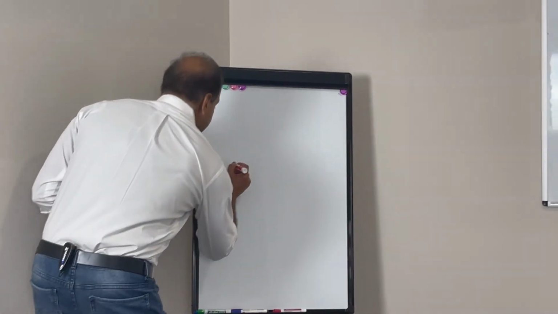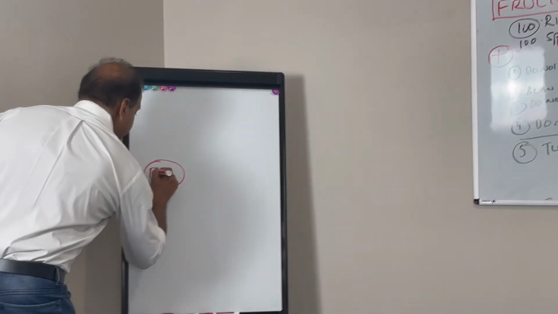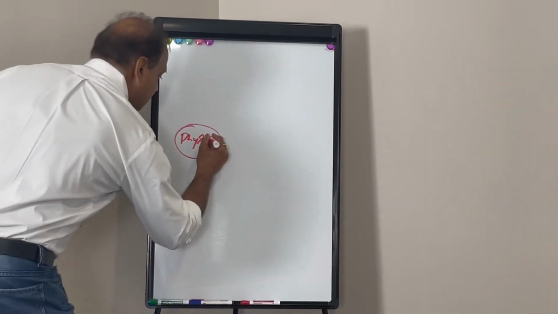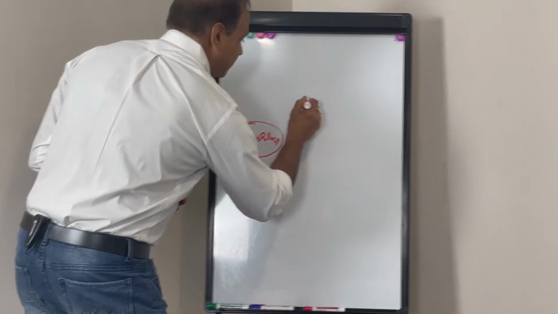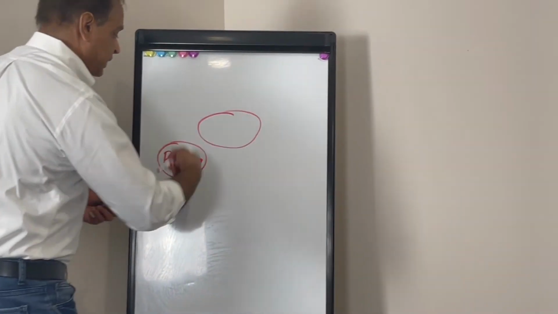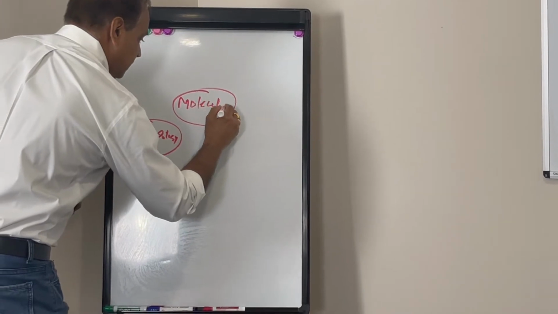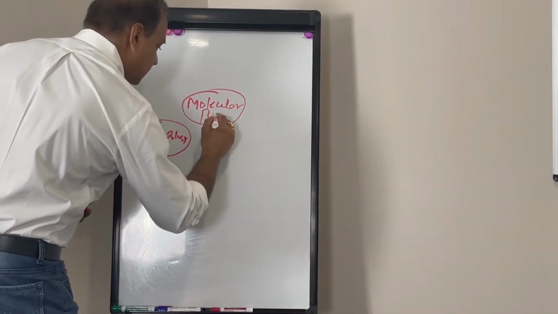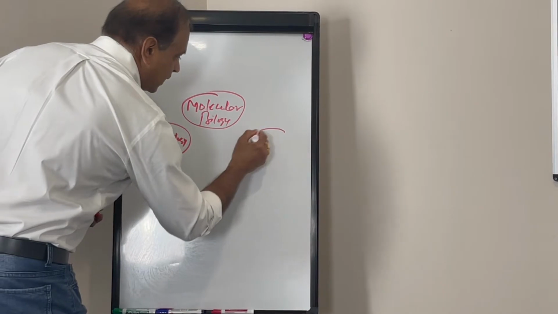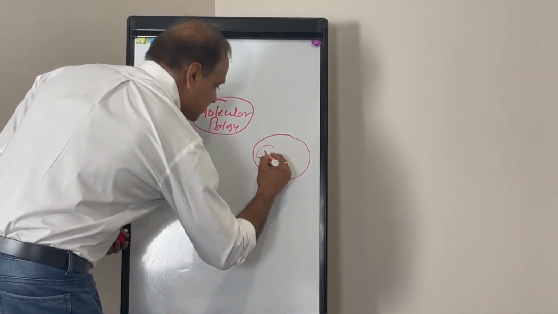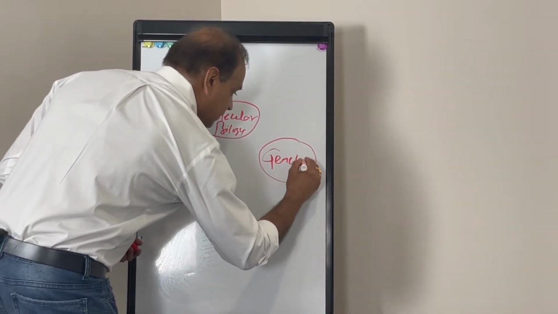You know, we mentioned physiology, one pillar, and then we also talked about the molecular biology. I also talked about the other pillar, which is the genetics, the genes that control all these molecules.